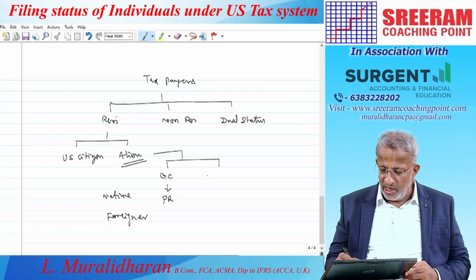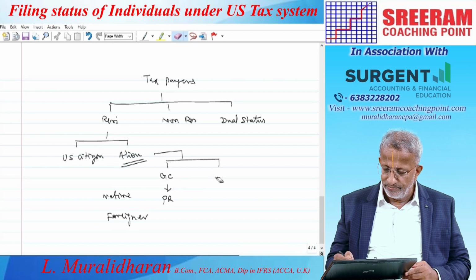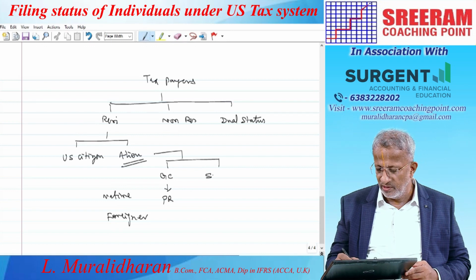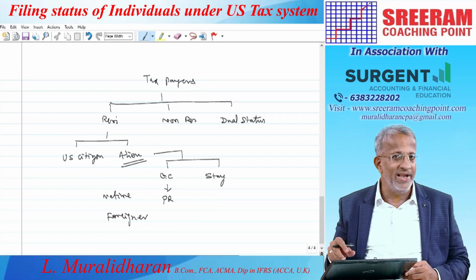The other one is where we have to undergo a test, which you can call the stay test, that is how many days the person is expected to stay in America.